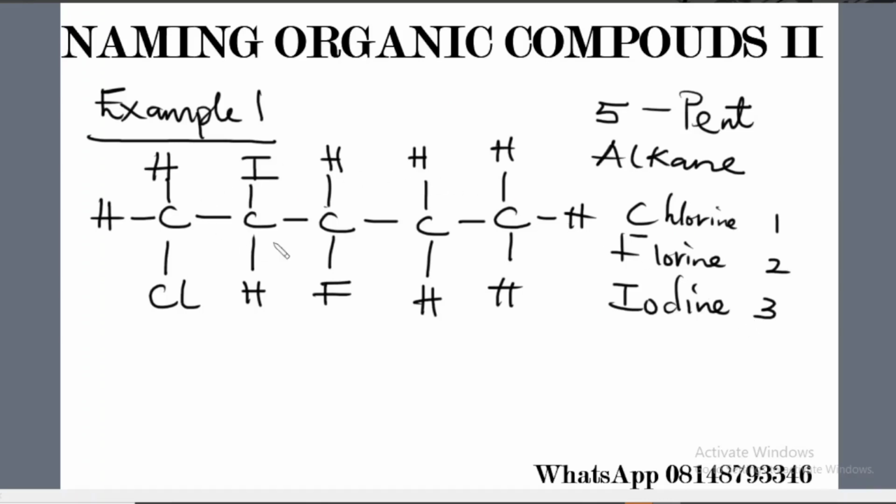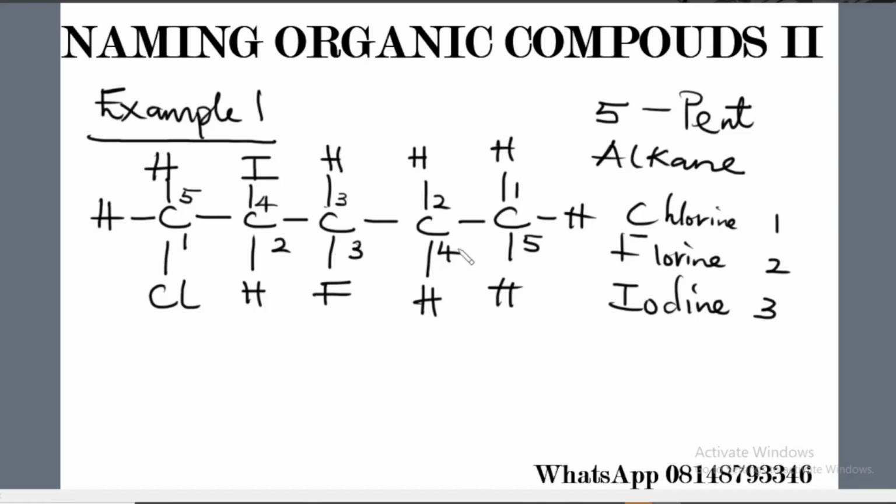Now let's number the compound from left to right and from right to left. So we have 1, 2, 3, 4, 5, and 1, 2, 3, 4, 5. Since chlorine is the first alphabetically, then our naming process should start from chlorine.